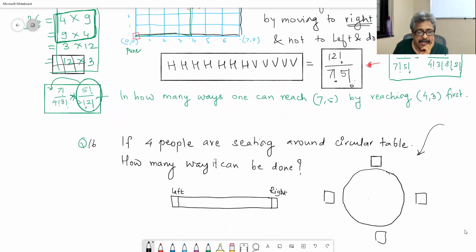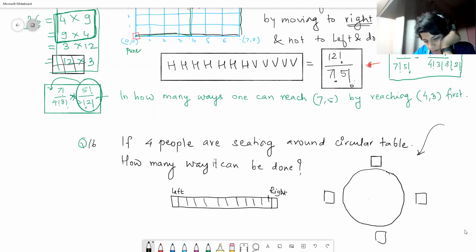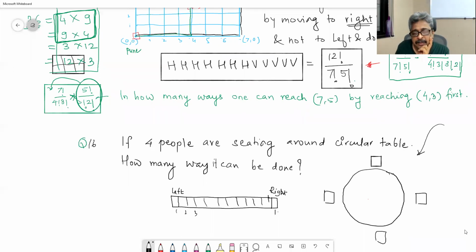If the chairs were in a row, chair number 1, 2, 3, and there is a passage in between, you would prefer to sit near it, because you can go out very quickly. So the first person entering, when it is in a row, has a choice.